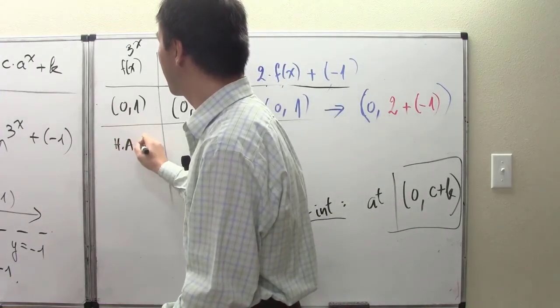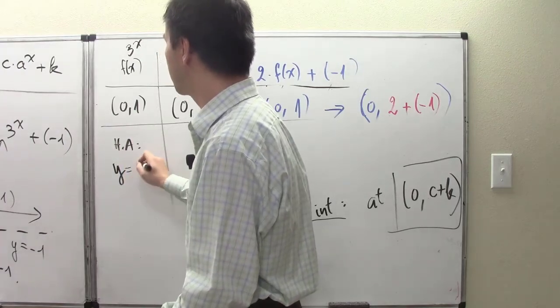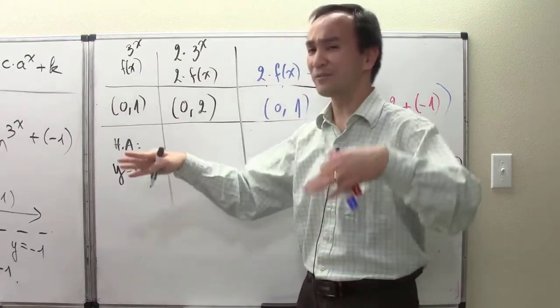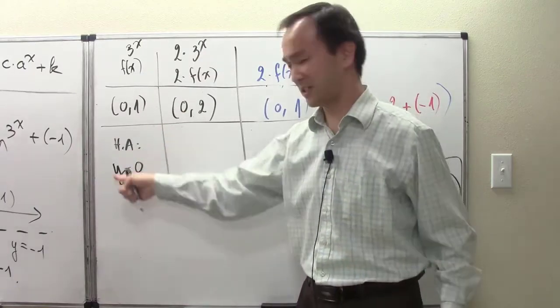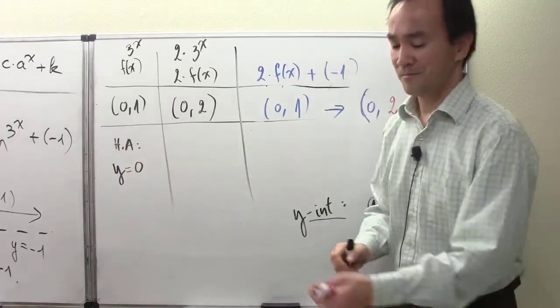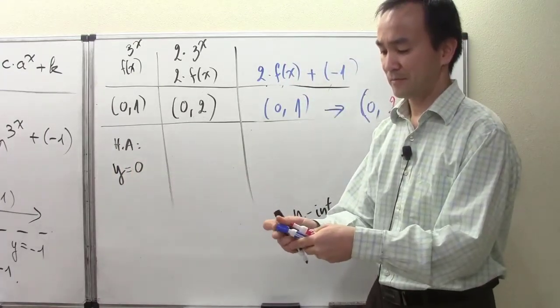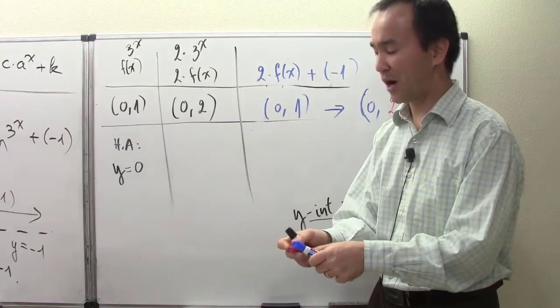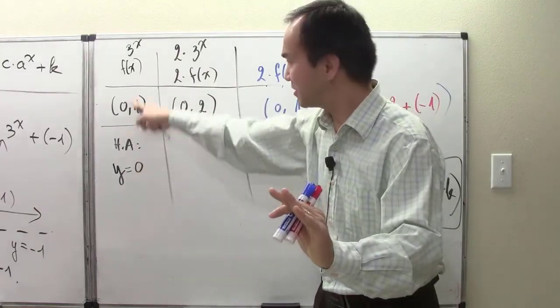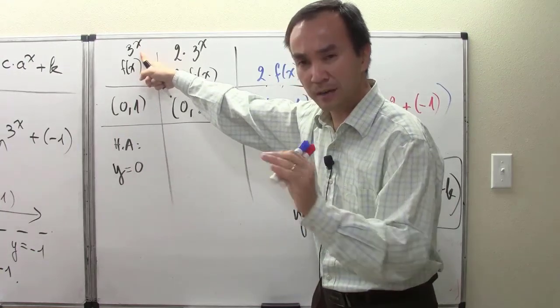See? y equals 0 for the beginning parent function. Instead of a pair of values, I simply focus right on the y value. So that's the y value of the horizontal asymptote of the original parent function.